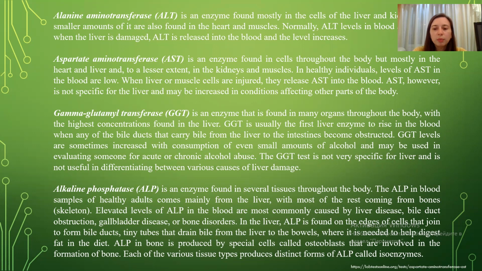In the liver, ALP is found on the edges of the cells that join to form bile ducts, tiny tubes that drain bile from the liver to the bowels, where it is needed to help digest fat in the diet. ALP in bone is produced by special cells called osteoblasts that are involved in the formation of bone. Each of the various tissue types produce a distinct form of ALP called isoenzymes.